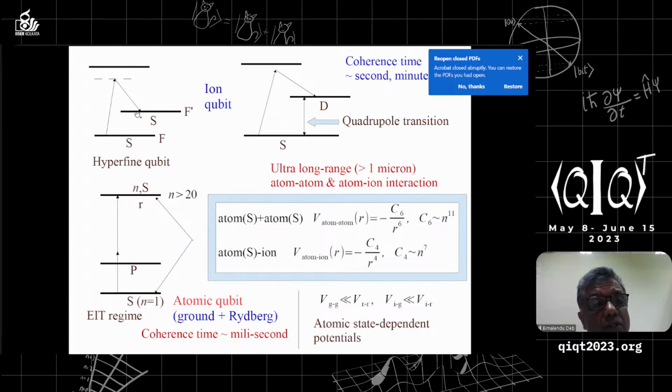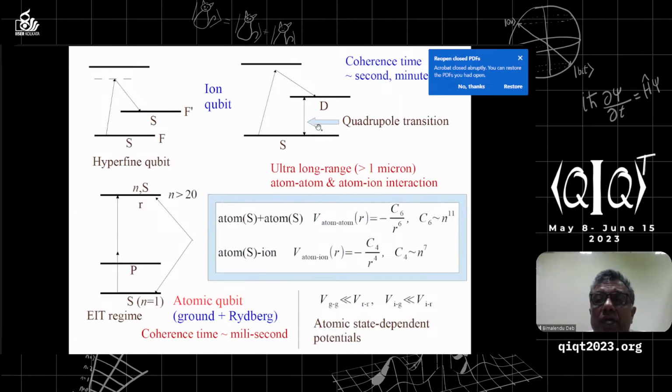By Raman pulses, by largely detuning the two Raman pulses from an excited state, one can populate these two states and form a quantum superposition under the two-photon resonance condition. So one can then manipulate this hyperfine qubit with optical forces or lasers. Okay? And there is another ion qubit, which uses a quadrupole transition, say S and D.